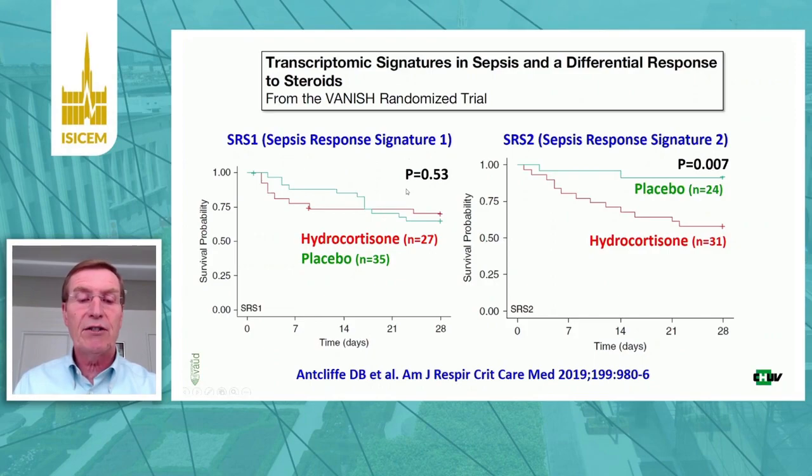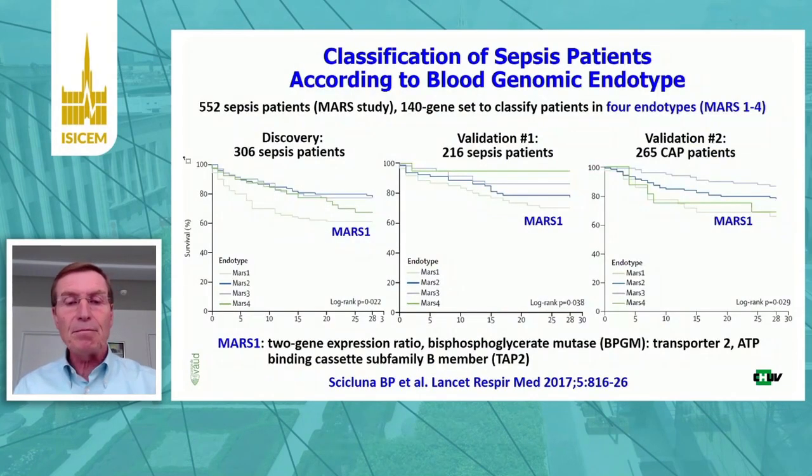With one signature, there was no impact of hydrocortisone versus placebo. These are data derived from the Vanish randomized trial, whereas in the other signature, you see that if you use hydrocortisone, there is a detrimental effect, which is statistically significant in terms of outcome. So here is one example of this immunosuppressive signature being important.